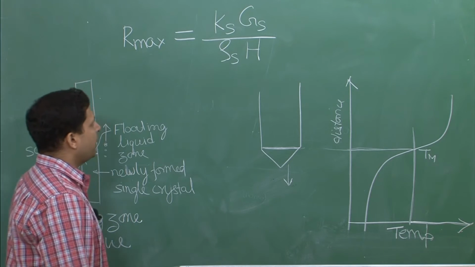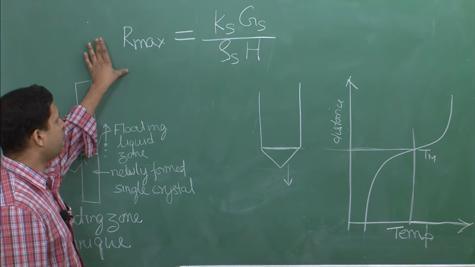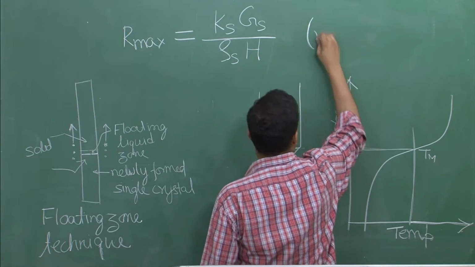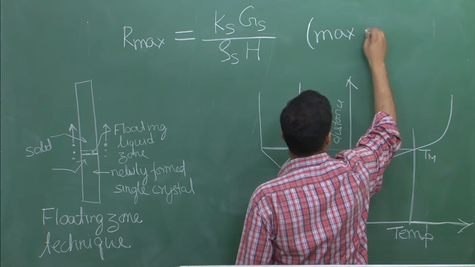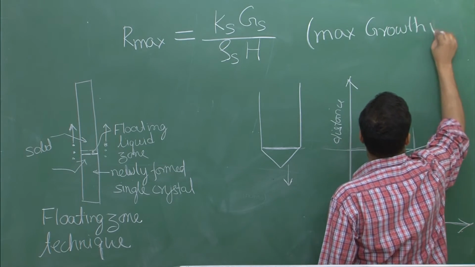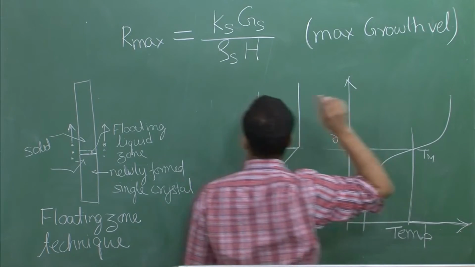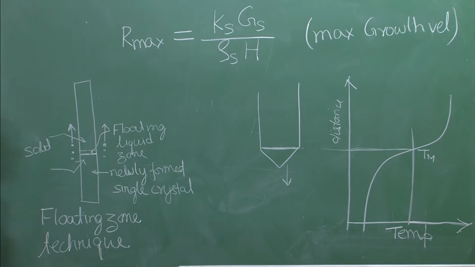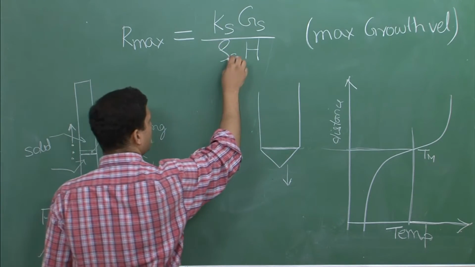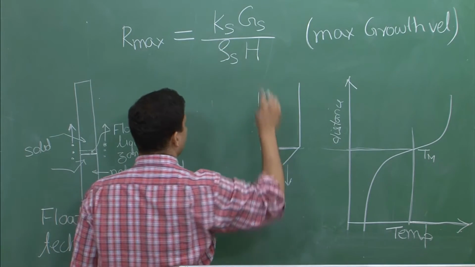So, now let us get back to the maximum velocity that we are talking about, the maximum growth velocity. So, this is our R max over here. Ks is a material property, rho s is a material property, H is a material property.